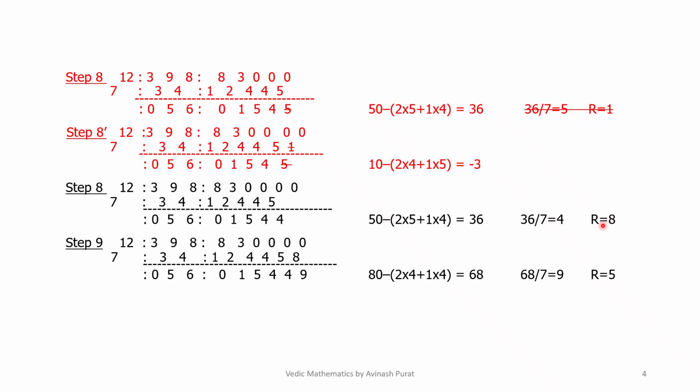Now 80. 8 is remainder, so 80 minus 2 into 4 plus 1 into 4 again. 8 plus 4 is 12. 80 minus 12 is 68. So 68 by 7 equals 9, 7 nines are 63, and remainder 5.